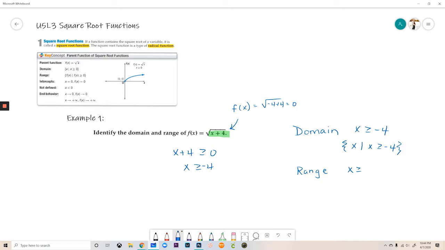So f of x is going to end up being greater than or equal to 0. So again, formally, f of x such that f of x is greater than or equal to 0. Okay, so there's example 1, finding domain and range.